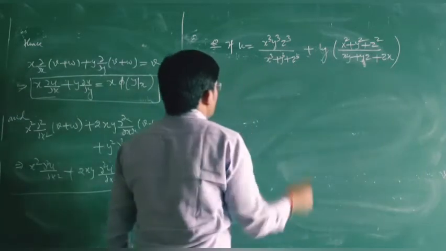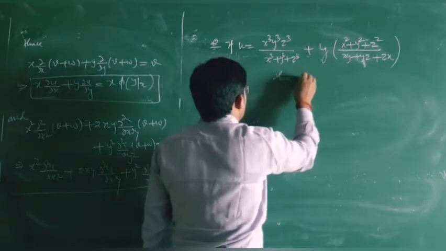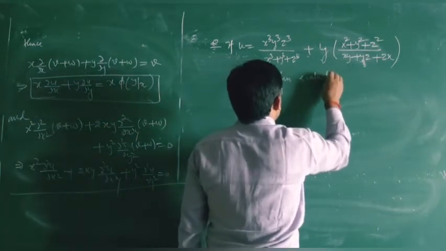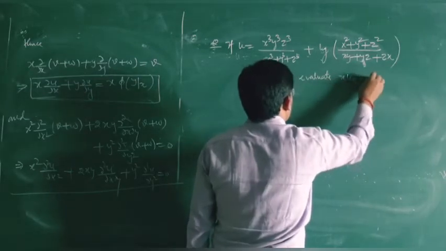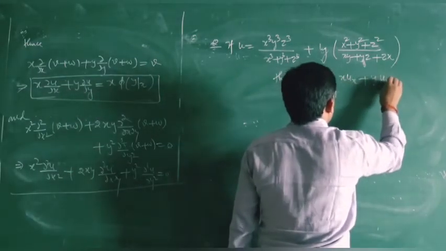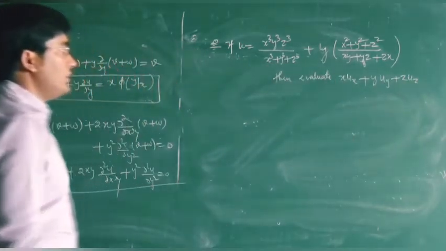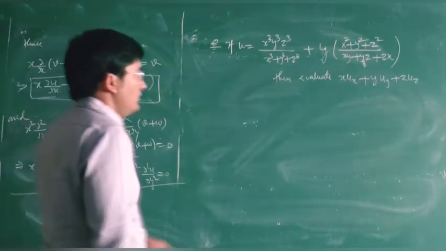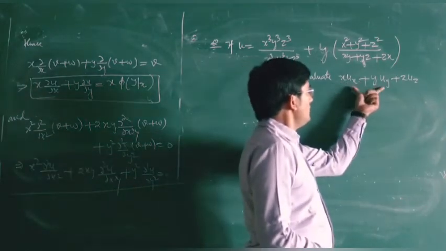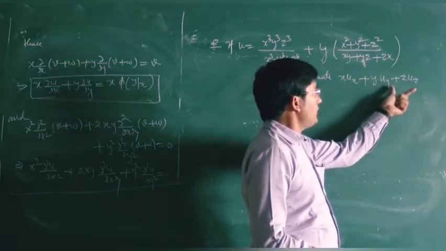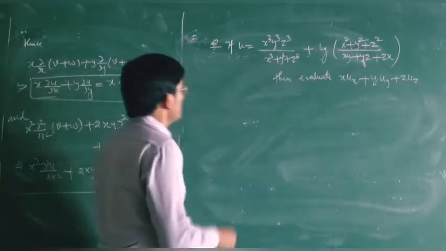If this is your u, then evaluate x ux plus y uy plus z uz. So find the value of this function x del u upon del x plus y del u upon del y plus z del u upon del z. Solution.